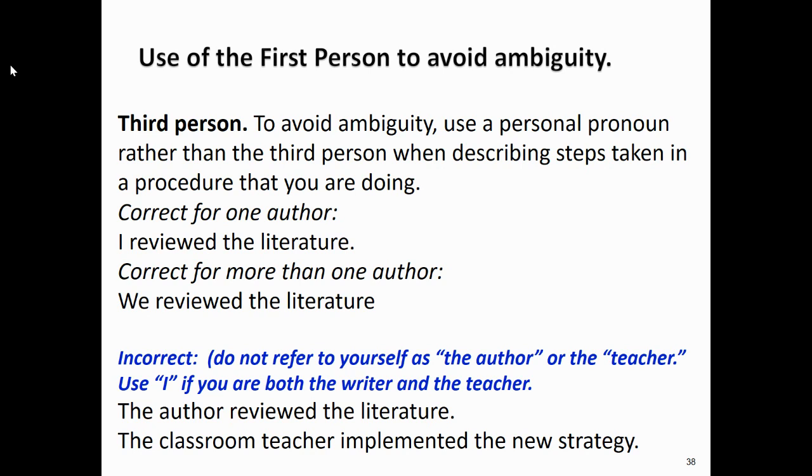You can't say things like I feel, I wish, I think. When you use the first person, you need to use it in a very objective way. For example, I reviewed the literature. I implemented a strategy. It's not conveying subjectivity in any way.